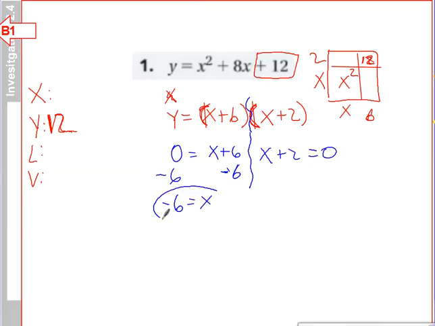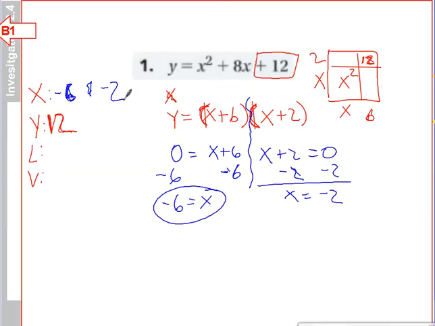Over here, minus 2, and we get x is equal to negative 2. So our intercepts are at negative 6 and negative 2.